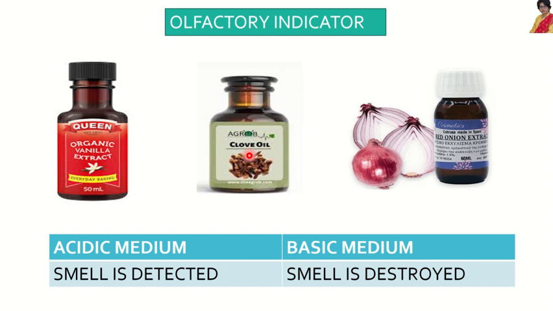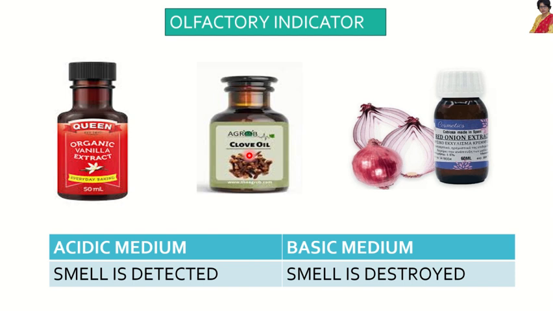Whereas if I put a small drop of sodium hydroxide, that is a base, then we cannot detect the smell of the onion. Similarly, the characteristic smell of vanilla extract and clove oil, we can detect its smell in the acidic medium. But in basic medium, we cannot detect.